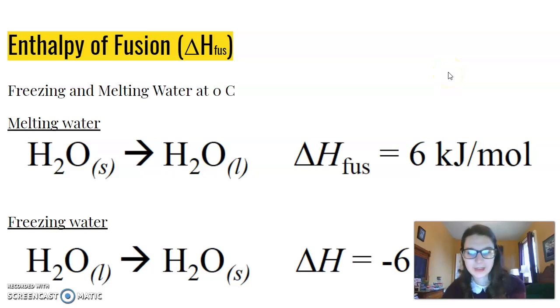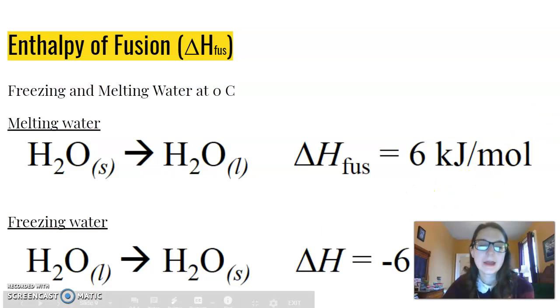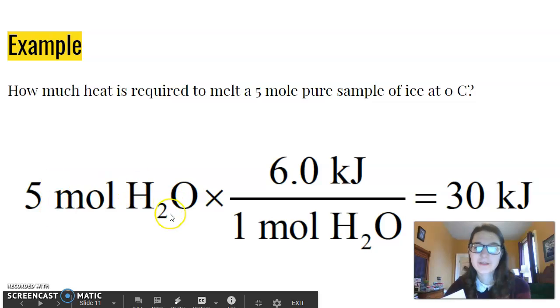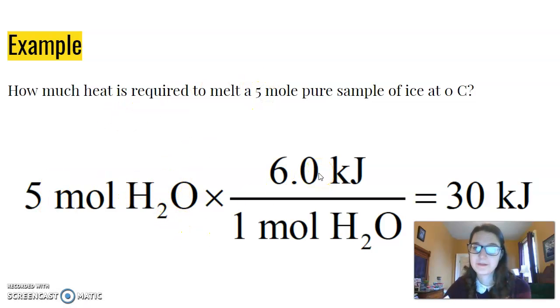So here's when you can think, when in doubt, cancel out. How are we going to end up canceling out this mole here? To do that, we take our 5 moles of water that's given and multiply by our enthalpy of fusion, 6 kilojoules over 1 mole.